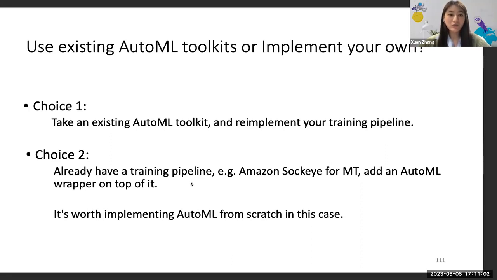But if you already have a solid training pipeline, like Amazon Sockeye for machine translation, and you are not too keen on messing with it, you might consider creating an AutoML wrapper instead. And as we'll demonstrate shortly, this second option is actually quite doable and might be the perfect solution for your needs.